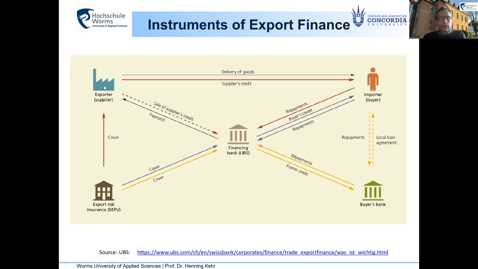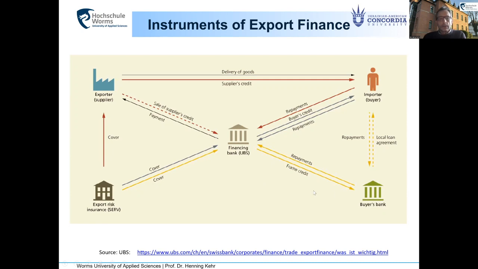The exporter at the top of the left, the bank on the right hand, and the importer also on the right hand on the top. And the financing institute. Here in that case, it's a Swiss institute, the UBS, but can be also any other if you are situated in another country.